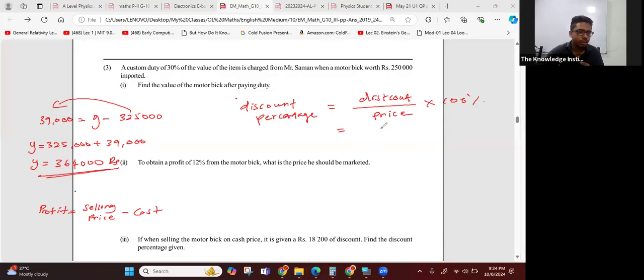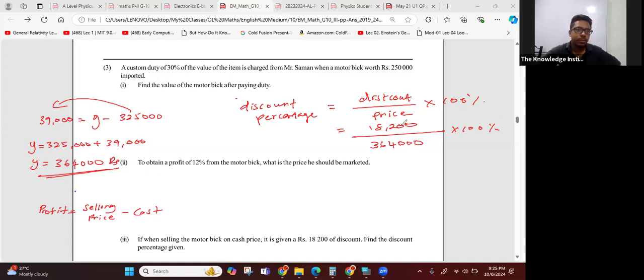So discount is 18,200 and price is 364,000 into 100%.